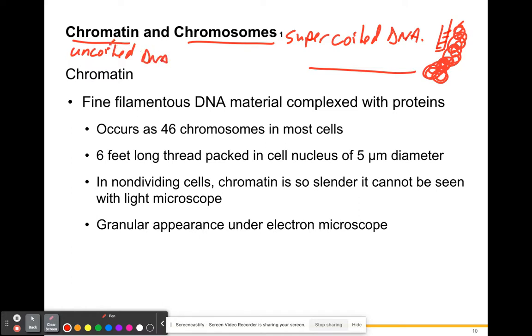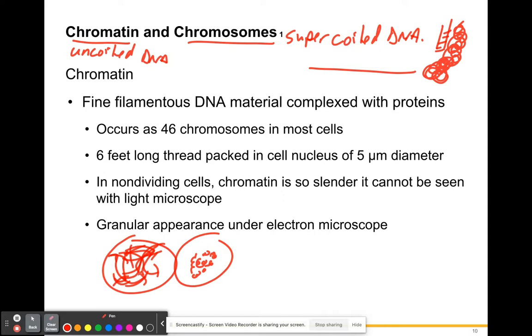So think of it more or less like a plate full of rubber bands, if we're going to use the same rubber band analogy, or a plate of spaghetti if you want. If you had a plate and you had spaghetti on it, the spaghetti would be going in all different directions. It's just loose spaghetti strings. Whereas if you supercoiled all these spaghetti strings, they would look like something like that. It would take up a lot less space on the plate if you coiled them all up. And that's why we do that.